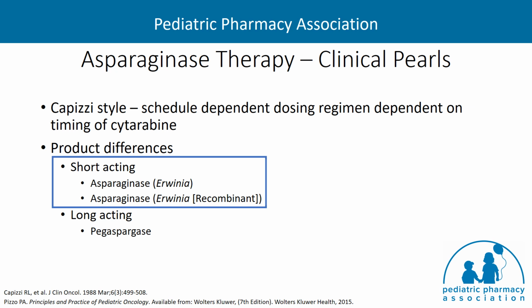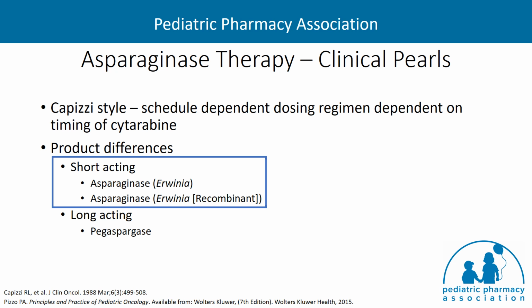That is because there has been in vitro data to support a synergy between high-dose cytarabine and asparaginase when administered in this method, which was studied and ultimately published by Capizzi and colleagues, hence the name of Capizzi-style asparaginase and cytarabine therapy. With that being said, as I've just alluded to, there are various products, so I wanted to make sure I touched upon that generally speaking, but then focusing on what our patients, being pediatric AML patients, will receive.